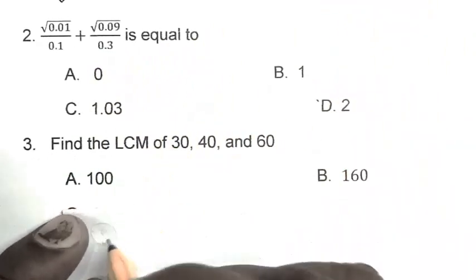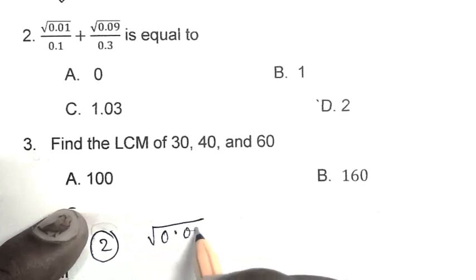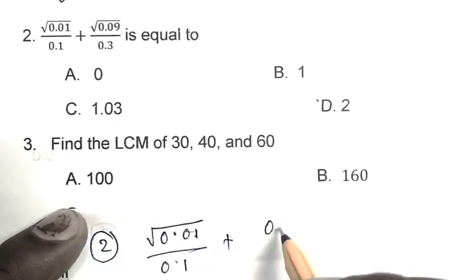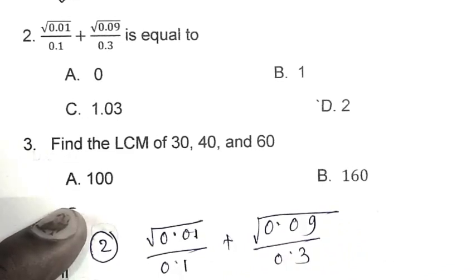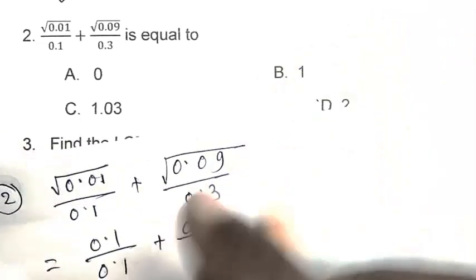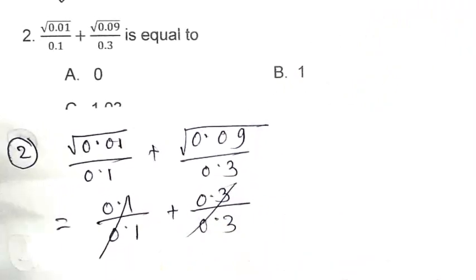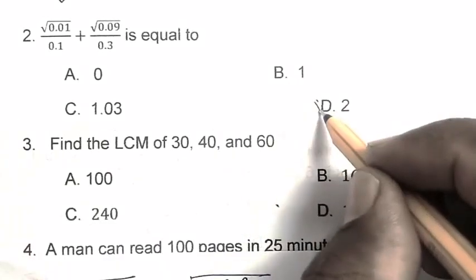So it is 0.1 by 0.1 plus 0.3 by 0.3, which becomes 1 plus 1, that is 2. So D is the right answer.